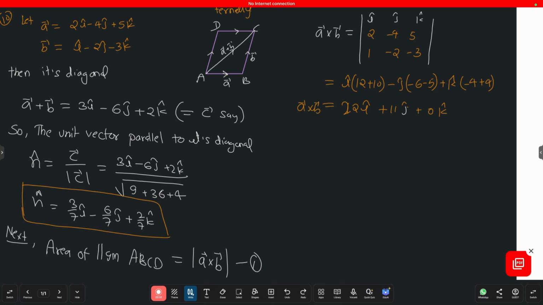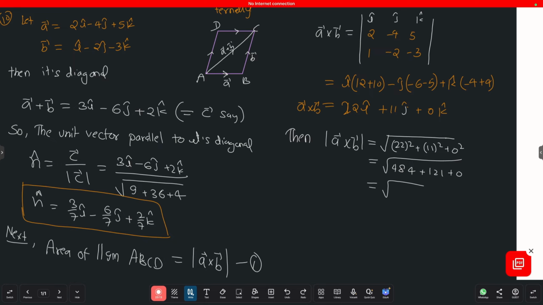If this is A cross B, then what is mod of A cross B? The magnitude of A cross B equals root over 22 square plus 11 square plus 0 square. 22 square is 484, plus 121, plus 0.